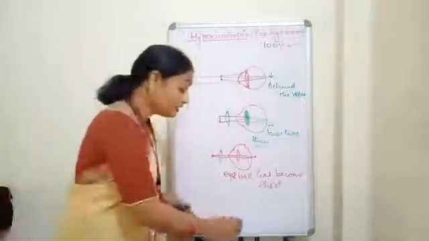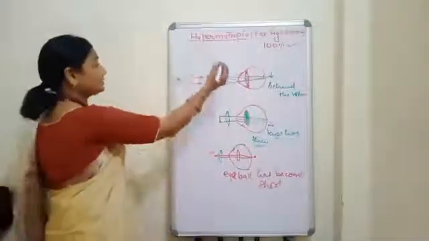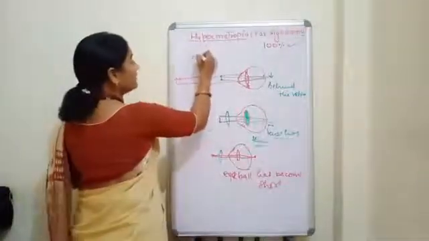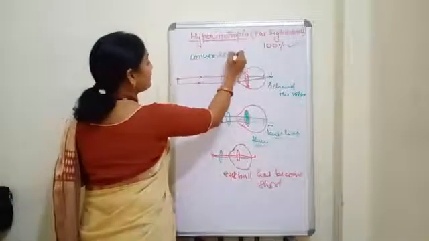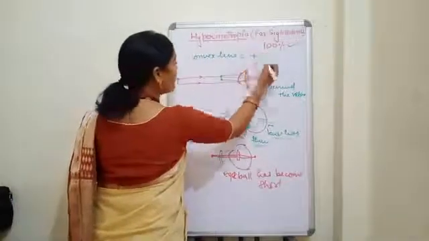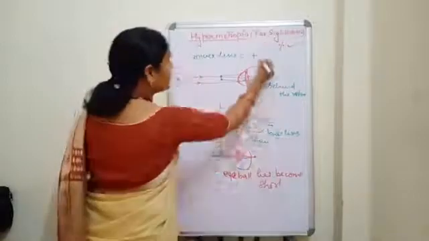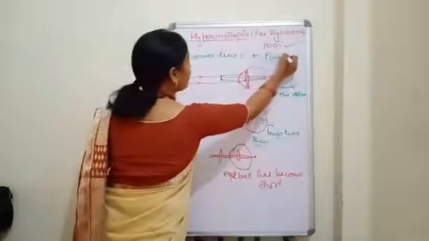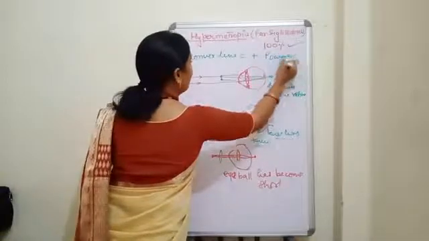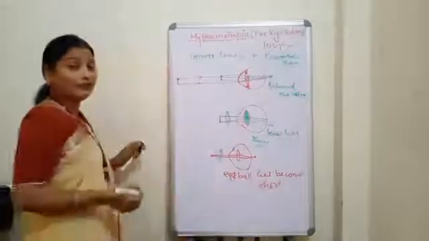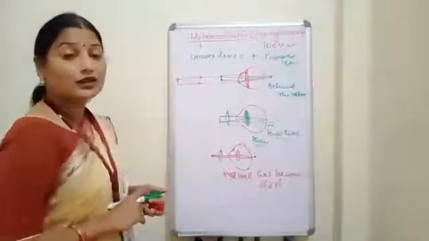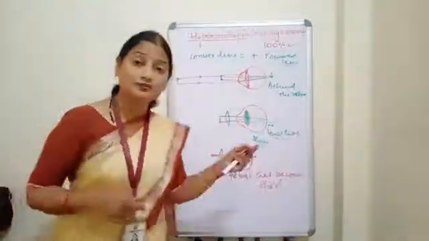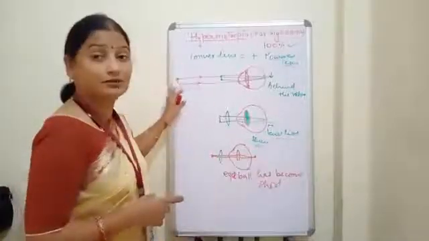Now children, the convex lens is always measured in the positive. Okay, so positive powered lenses are used. This you know very well, that the focal length of the convex lens is positive. That's why we take this as positive.